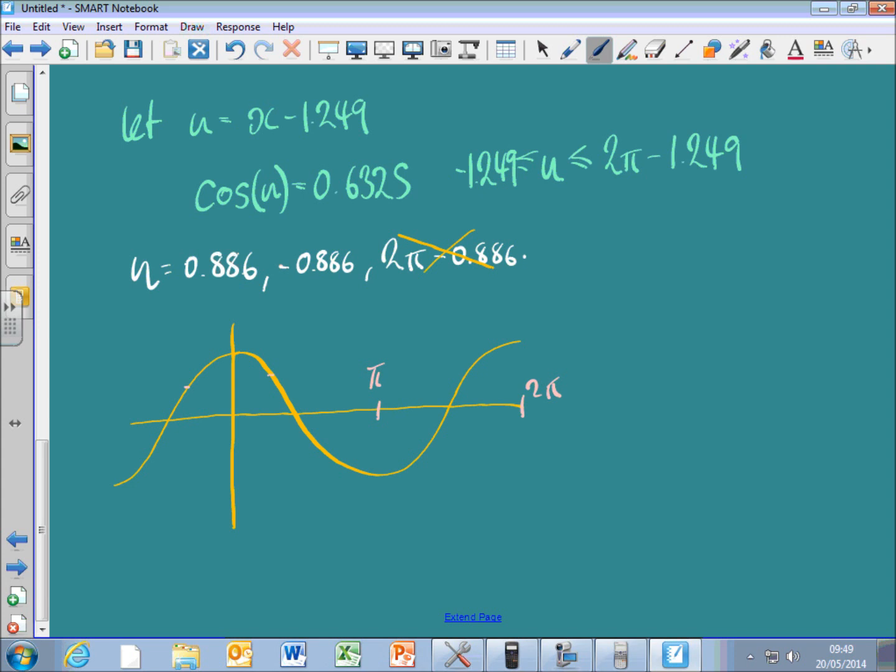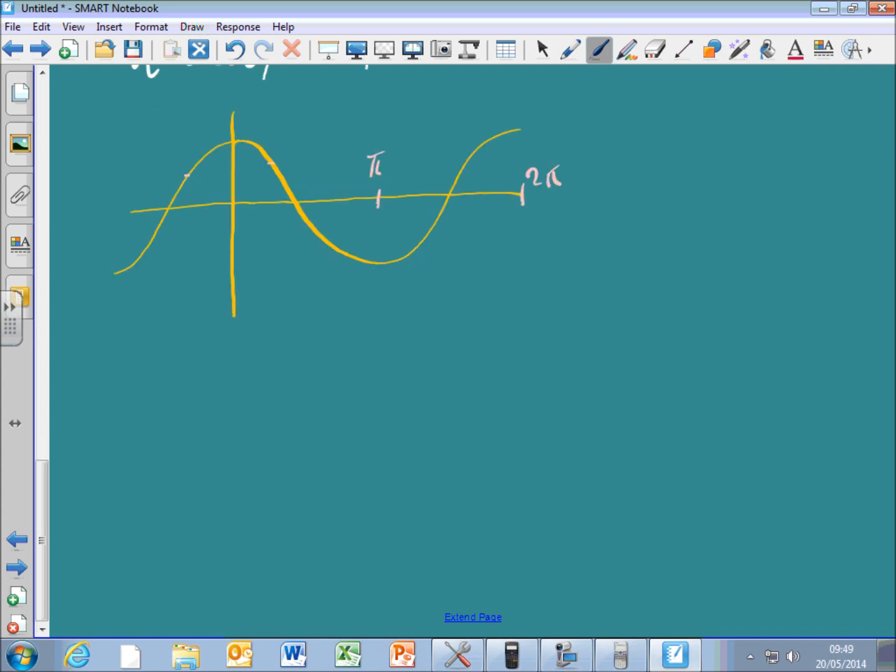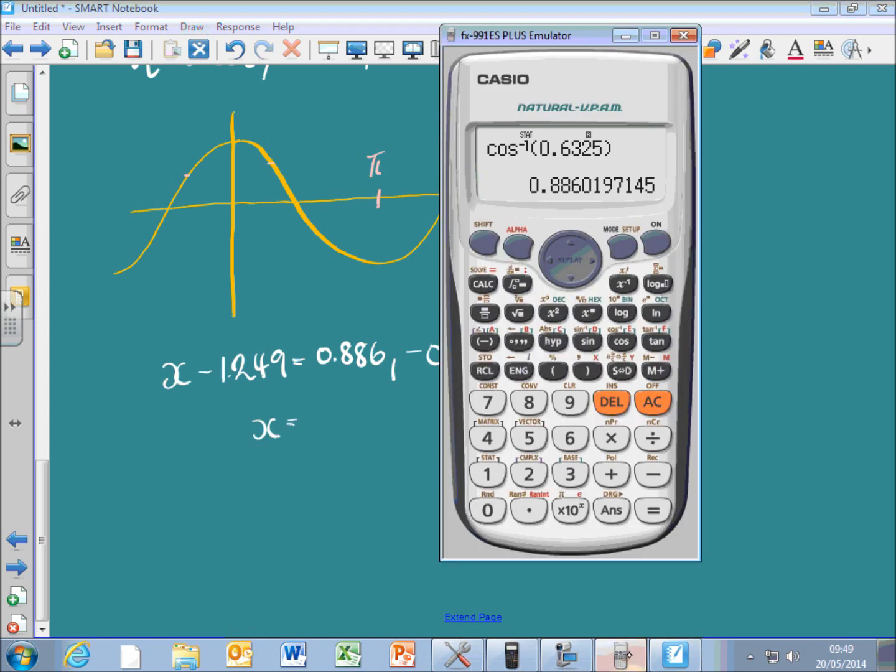So they're the values of u, and to find out the values of x, I just say that x minus 1.249 should be equal to 0.886 and minus 0.886. So to find out what x is, I'm just going to add 1.249 onto both of those.